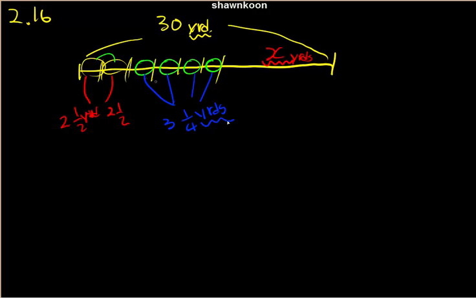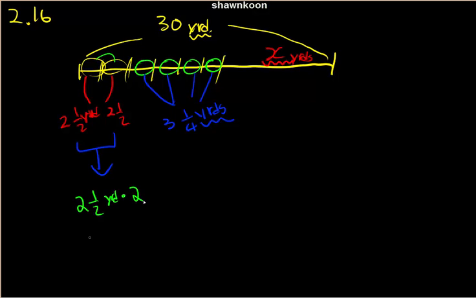So how do we find the total? Okay, so let's start with these two first. Since there's 2 of them, we can calculate the total amount for these two by multiplying by 2, right? So 2.5 yards times 2.